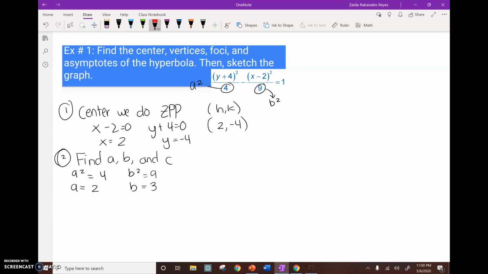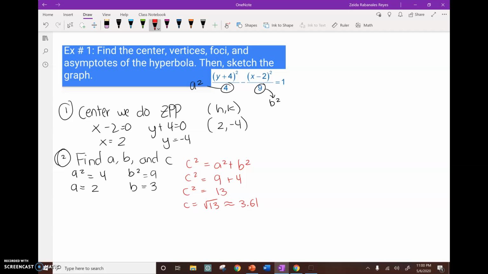And this is different because now c square is equal to a square plus b square. For the ellipses we were subtracting, this time we are adding. So then order doesn't matter because for addition it doesn't make a difference. So then we get 13. C is equal to square root of 13, which is about 3.61.